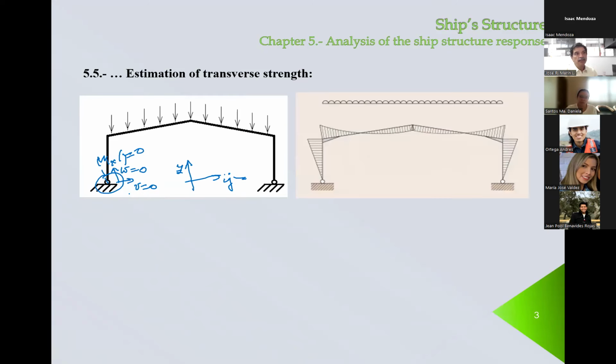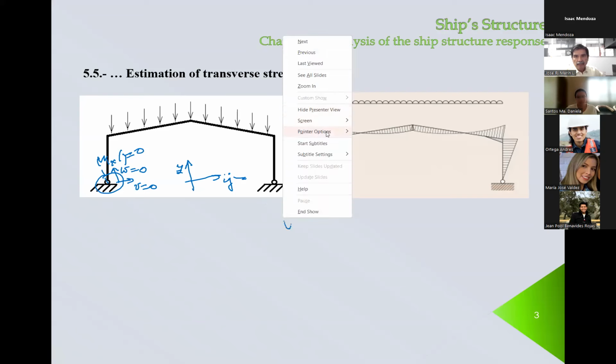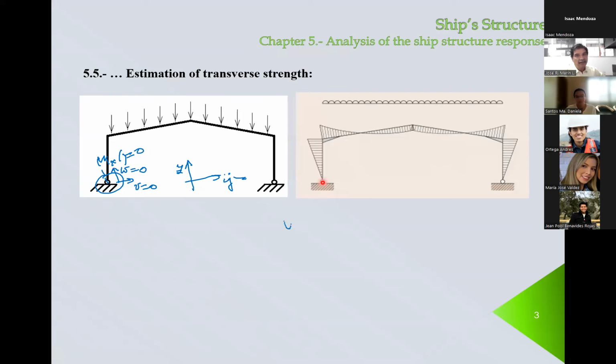And this is a distribution of bending moment. And as Miss Valdez said, you can see that in this point there is no bending moment. And from that point, it increases linearly up to here, because this increment, remember, is due to the fact that there is no motion in this direction.